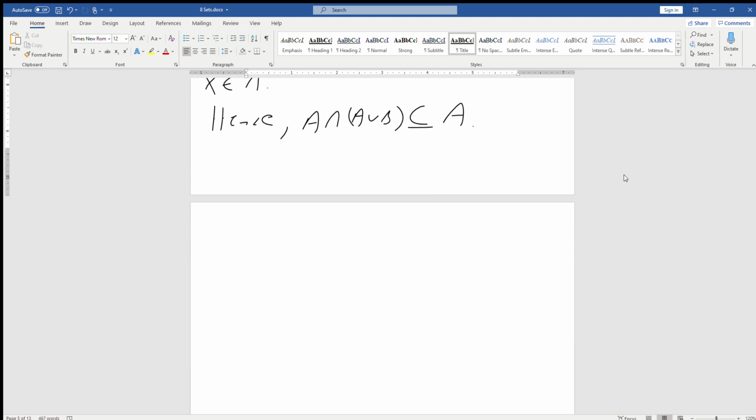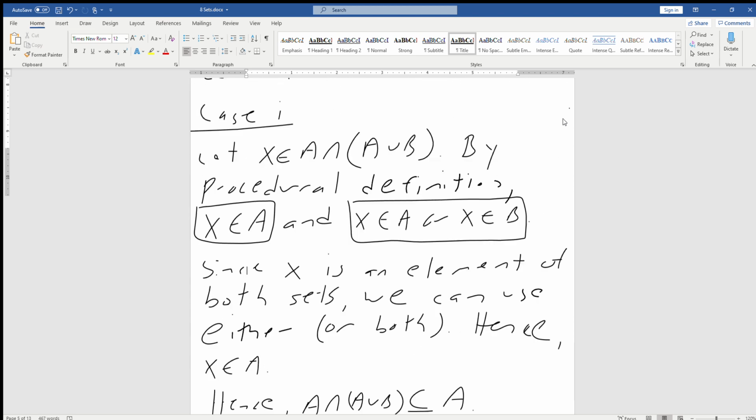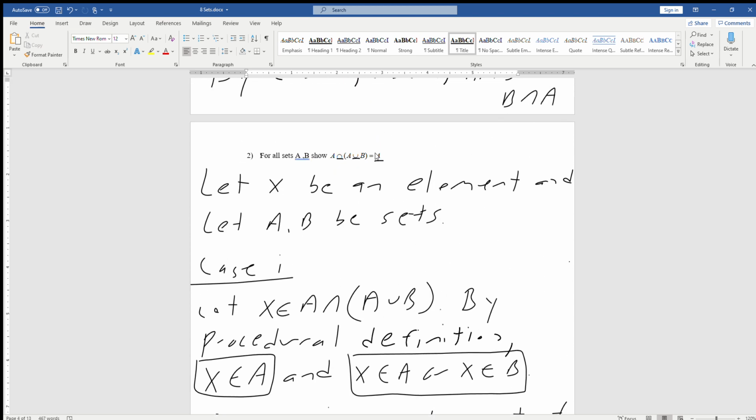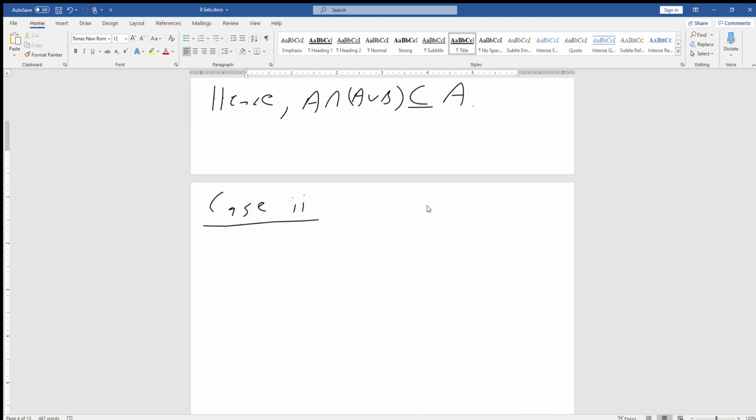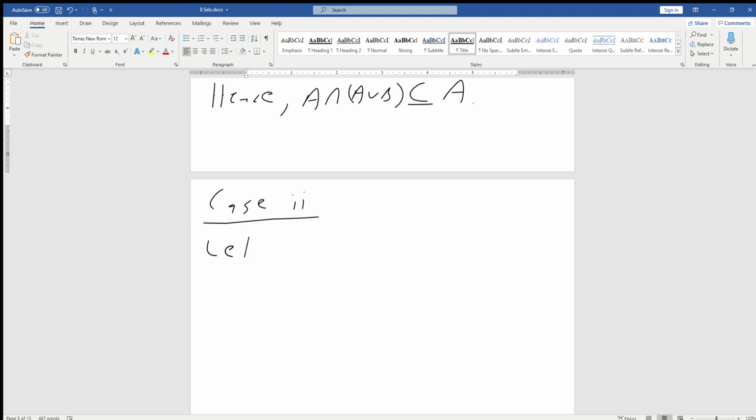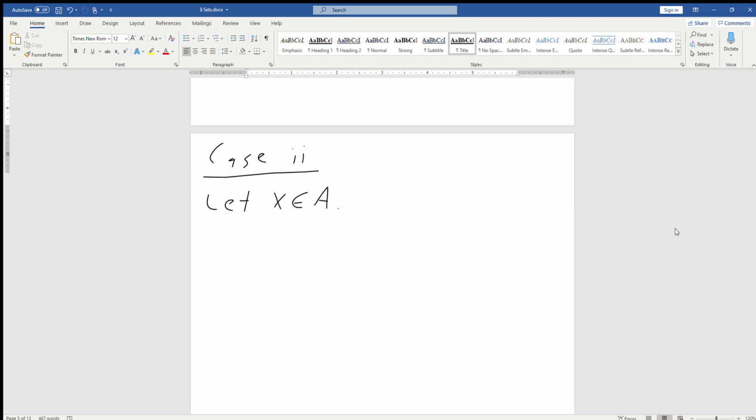All right, so case 2, and here's why it's not straightforward. Now we're going to start by letting X be an element of the right-hand side, and the right-hand side is A. So we're going to say let X be an element of A, and here's why it's tricky. There's no fundamental procedural definition. There's nothing you can do with the laws of logic.